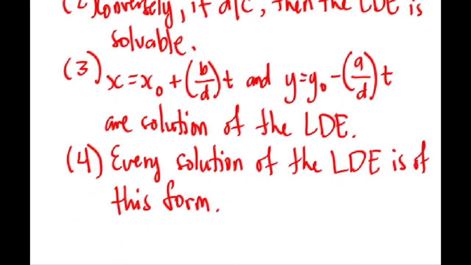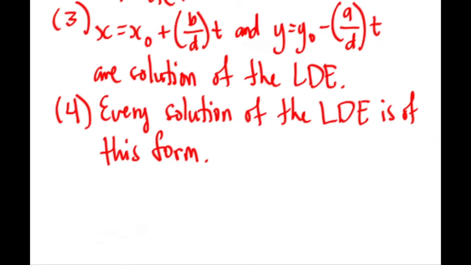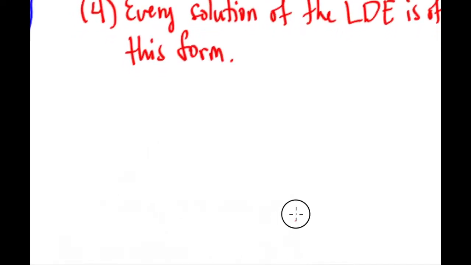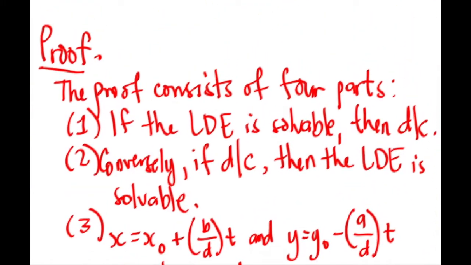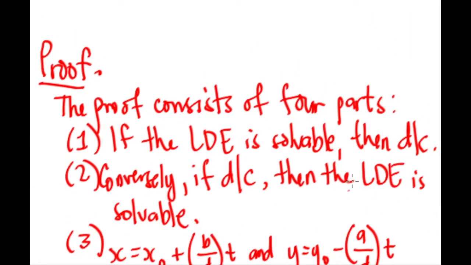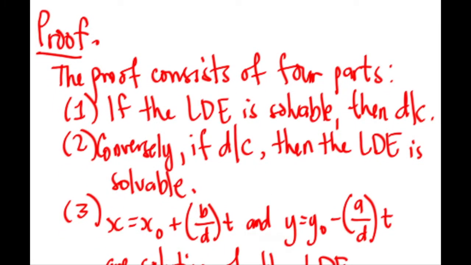Okay, so let's start. This is going to be a long one for us. For number one, again, we want to prove that if the LDE is solvable, then D divides C, and for number two, its converse: if D divides C, then the LDE is solvable. This is for us to really say that it is necessary and sufficient, that is, if and only if.